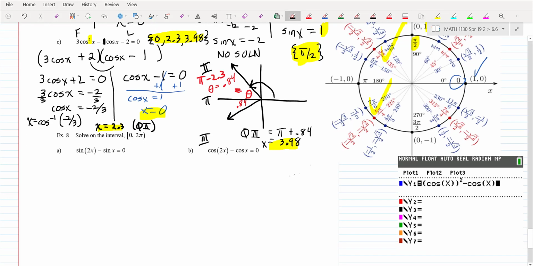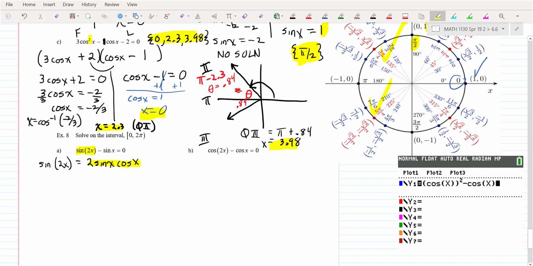So what happens on this is this has a sine of 2x in it. And we talked about this identity last time, and that identity is 2 sine x cosine x. Okay, that's in 6.5. So we're going to use that identity. If you don't use that identity, you'll have a hard time getting this problem to work out a certain way.